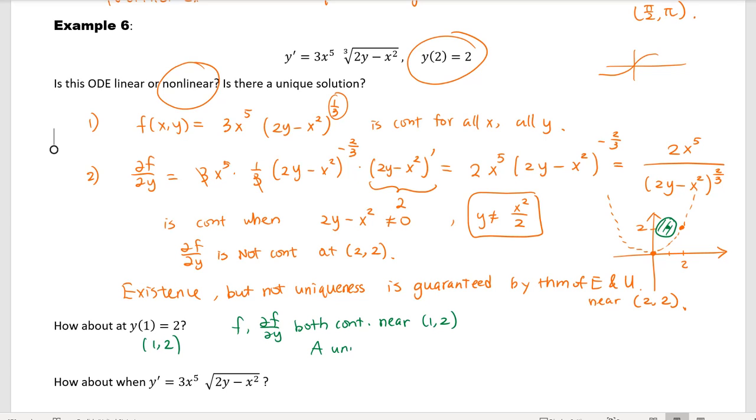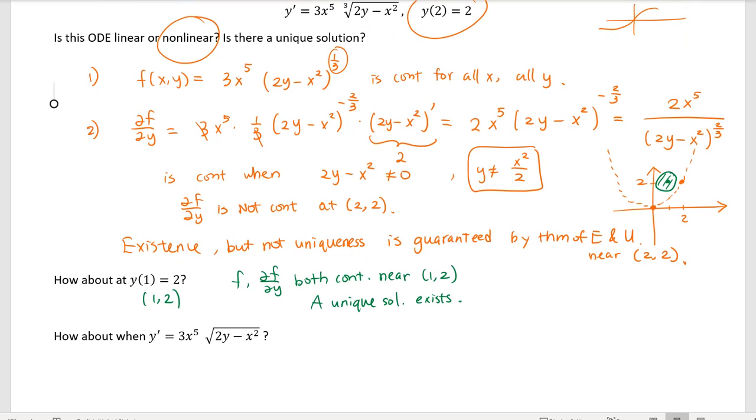So a unique solution exists by the theorem of existence and uniqueness. Then you can see with the same differential equation, if the initial condition is different, our conclusions could be different, right?